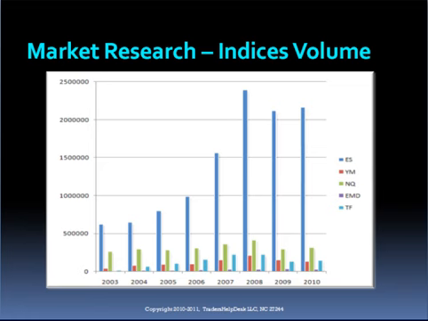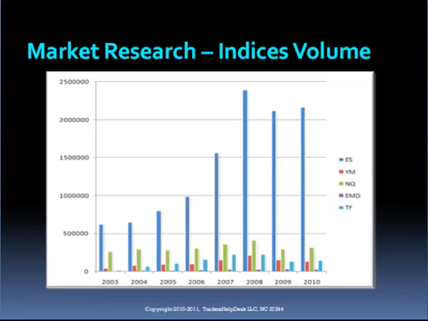As you can see on the chart, the mini S&P 500 has the most volume, followed by the Nasdaq, followed by the Russell, then the Dow, and then finally the EMD, which is the mini S&P mid-cap 400.